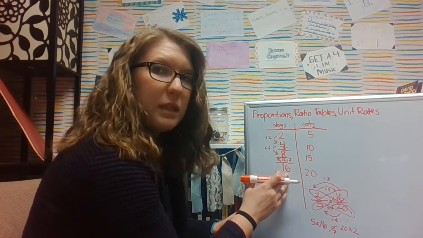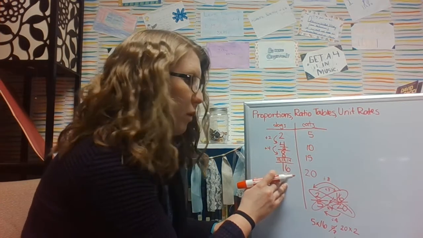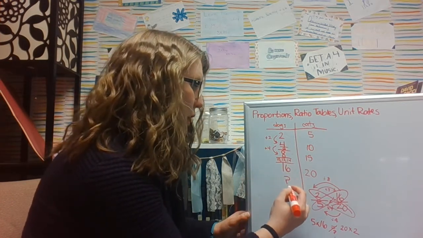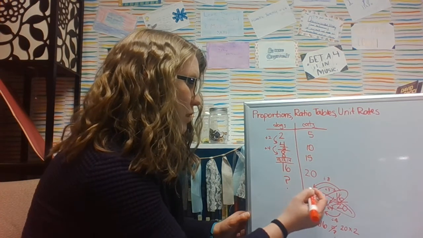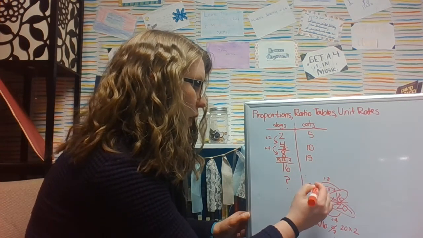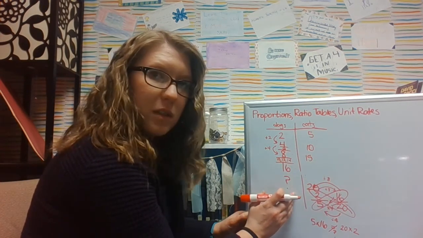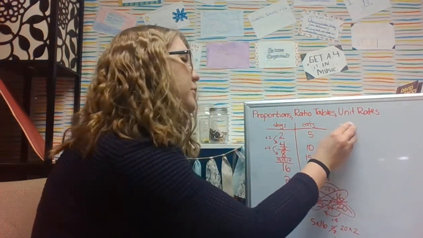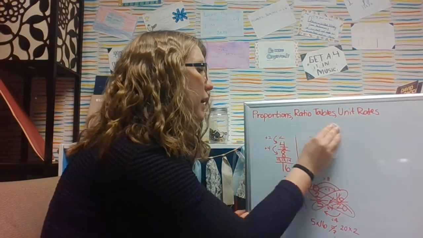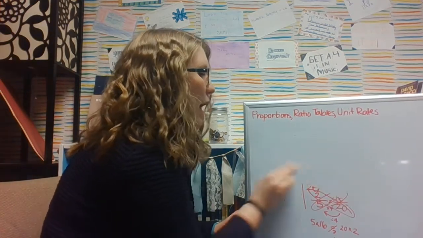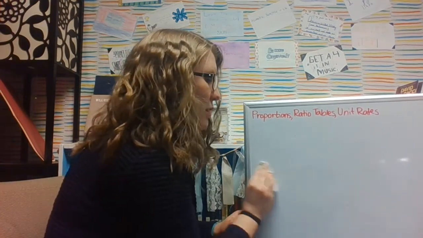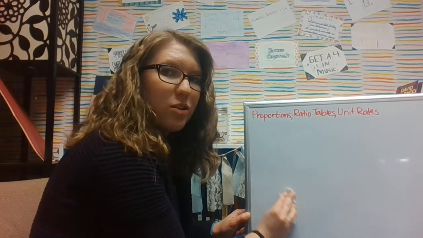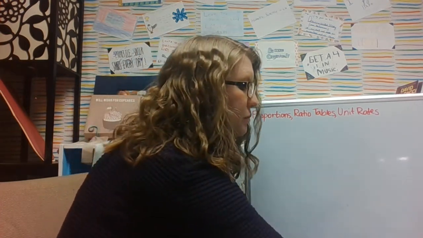There's usually going to be some kind of blank spot or one where I need to figure out, okay, so now here, what if this side is 20, then what is this side going to be? So I need to be able to figure those pieces out. So it can help to make a better ratio table where I have all of the numbers and I'm not skipping any to make sure that you're not making any mistakes.